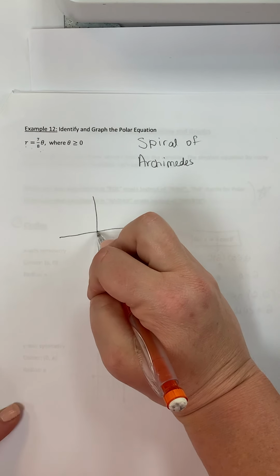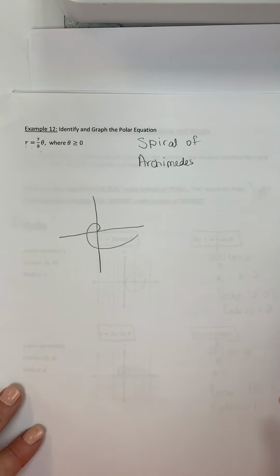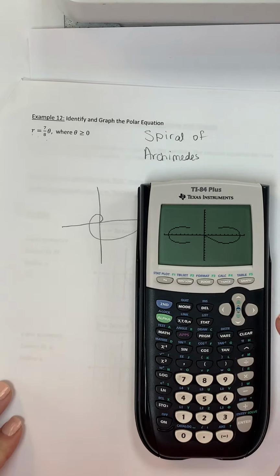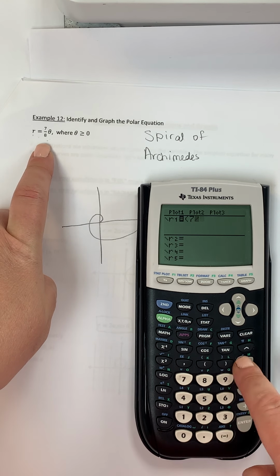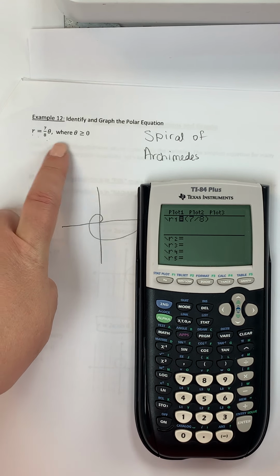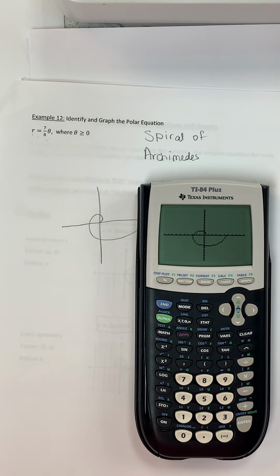Okay, and he's just going to spiral outward. There you go. That's what you're looking for. Now, let's just test him to make sure. I'm going to put 7/8 in parentheses, and then I'm going to hit theta, graph. There we go. There's our spiral.